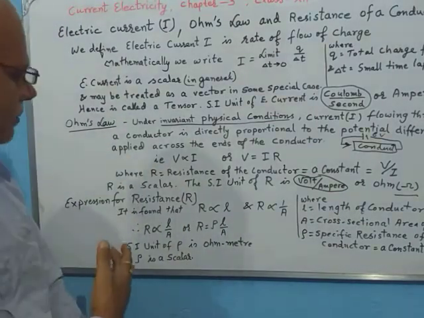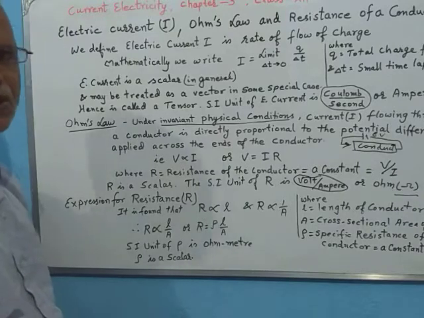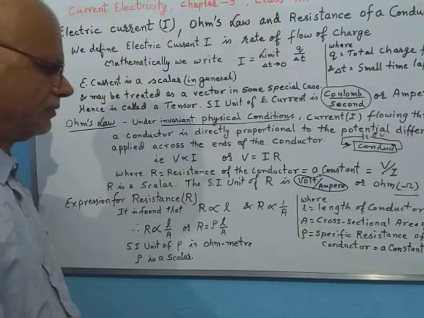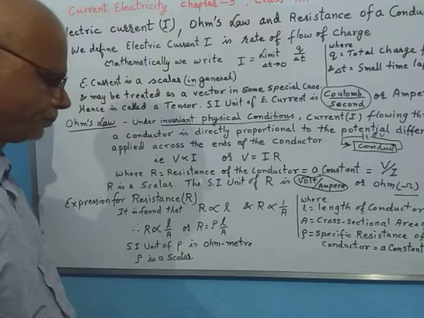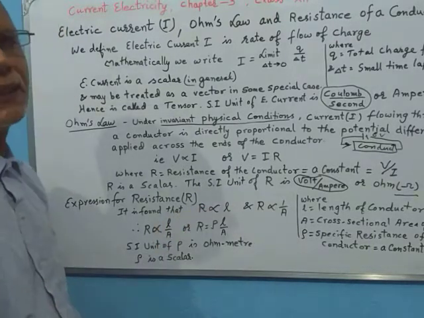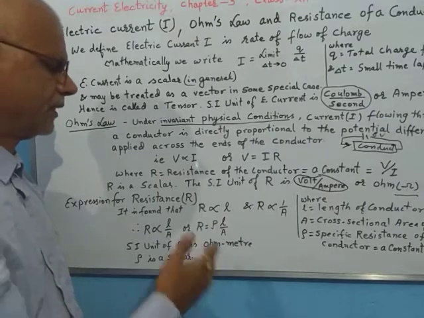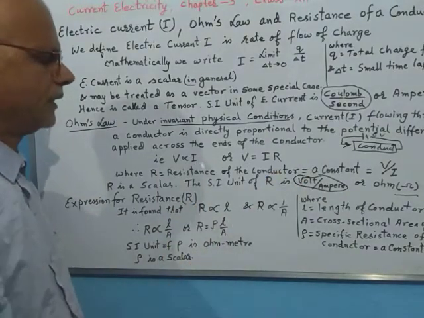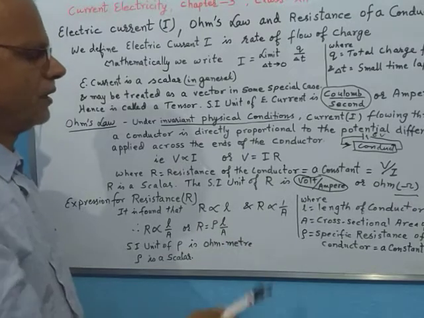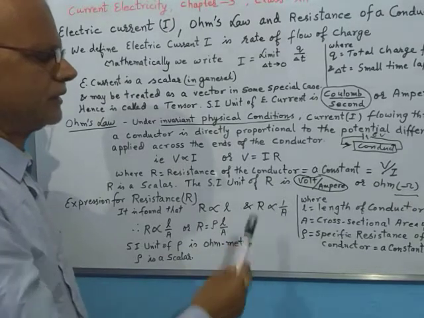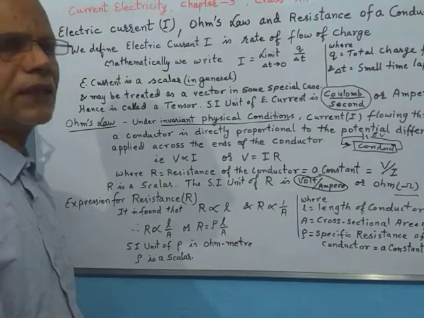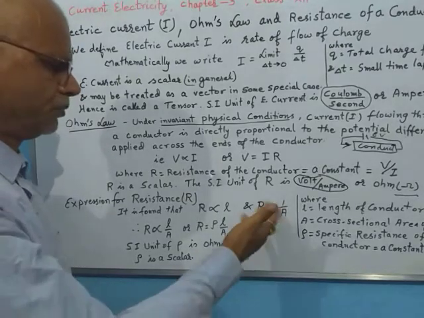Now here we talk about the expression for resistance of the conductor. We have already seen that the greater the length of the conductor, the ratio V upon I, that is the resistance of the conductor, is increased. If the cross-sectional area of the conductor is greater, then the resistance of the conductor is decreased, reciprocally.